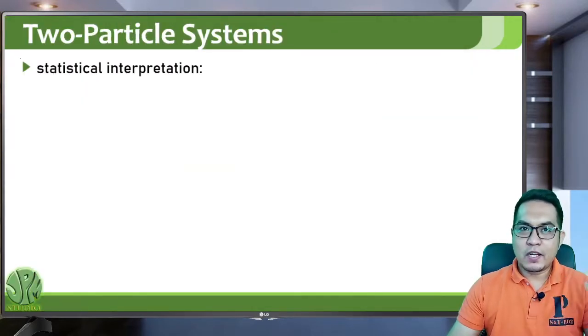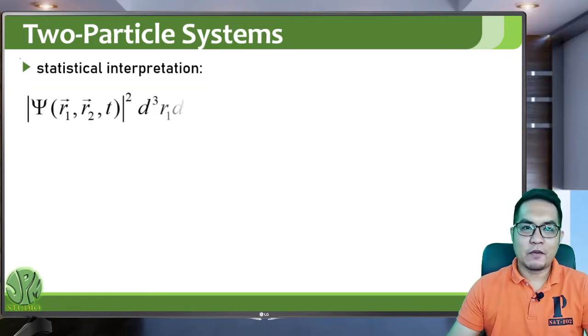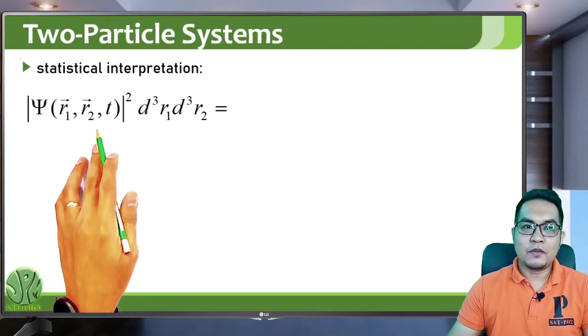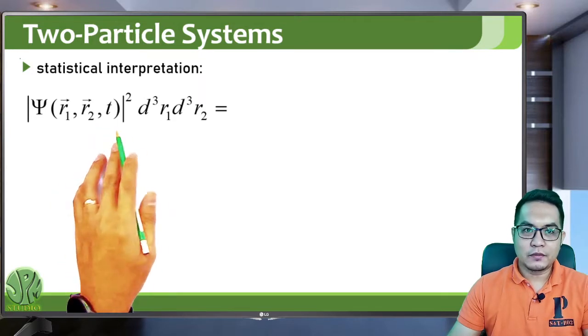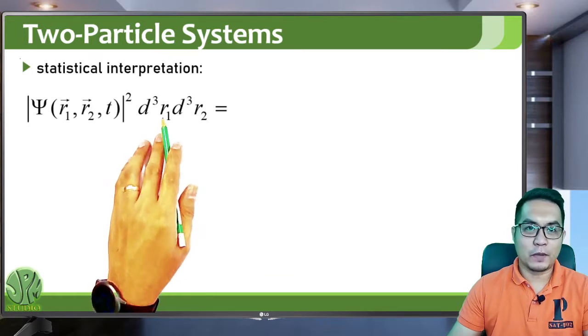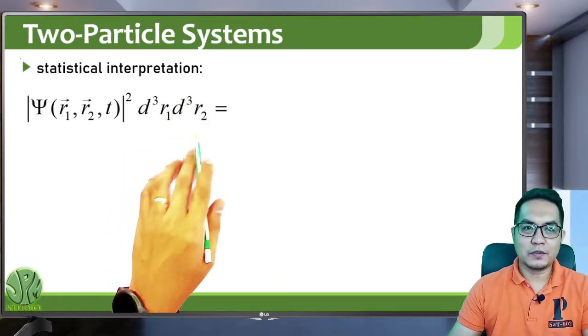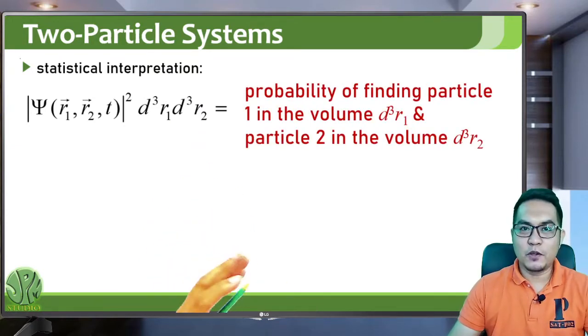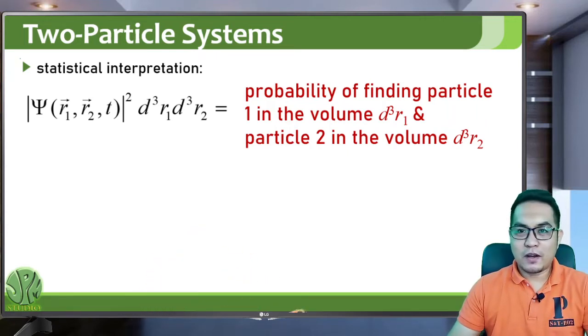Similar to what we had when we discussed the wave function, we have the Born statistical interpretation. Now, if you have two particles, say in 3 dimensions, the absolute value of the wave function squared times d cube r1, the differential volume for particle 1, and d cube r2, the differential volume for particle 2, is interpreted as the probability of finding particle 1 in the volume d cube r1 and particle 2 in the volume d cube r2.